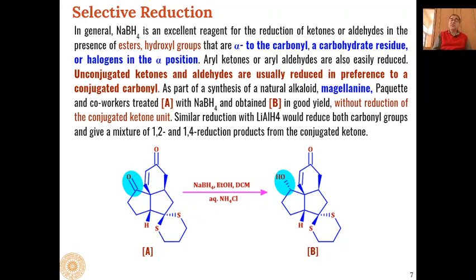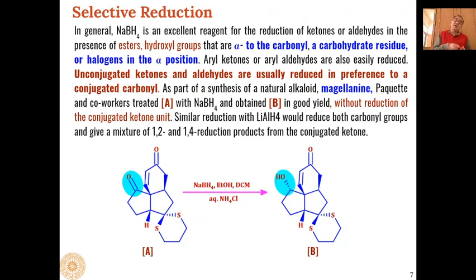So in all these types of substrates, reduction of only the ketonic or aldehydic group will take place, no other group will be affected. Similarly, aryl ketones and aryl aldehydes can also be easily reduced to the respective alcohols.